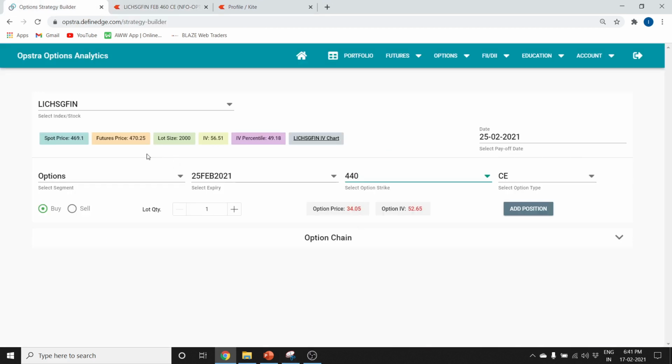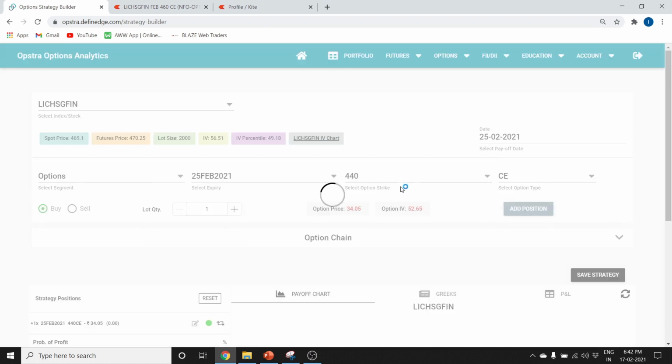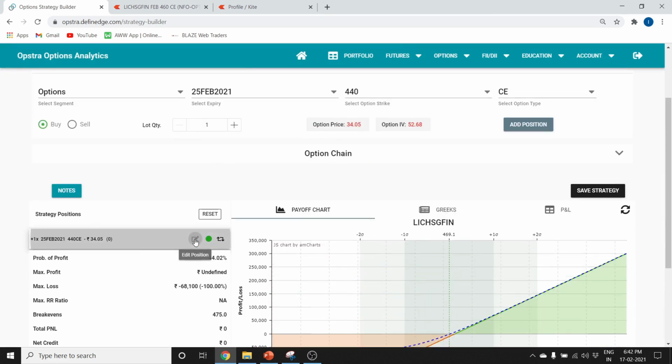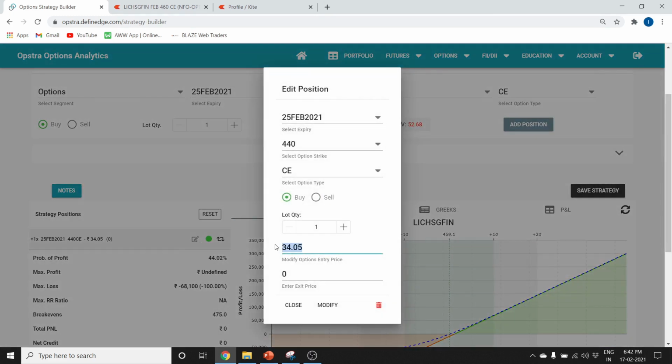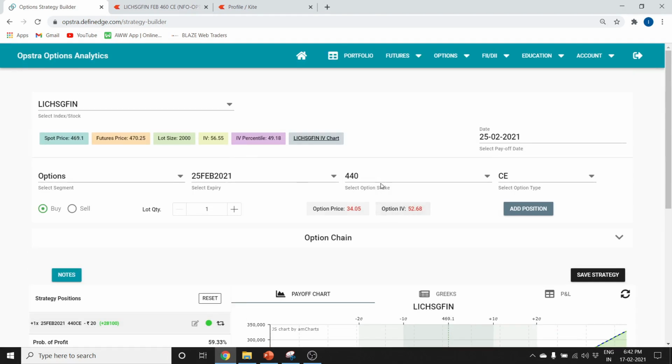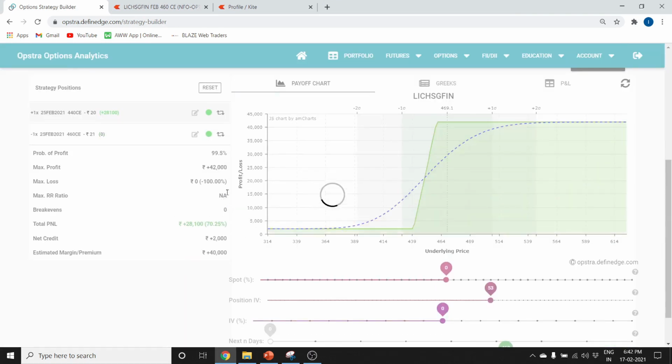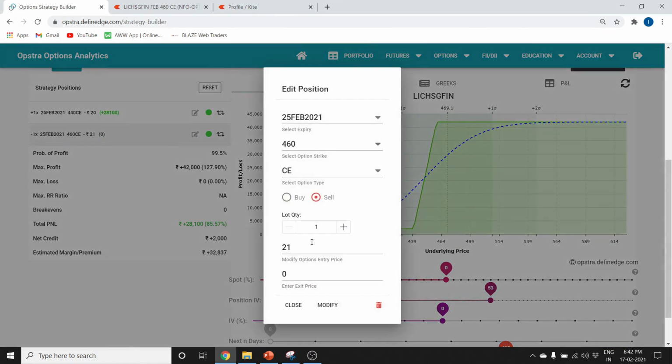Let's put this entry into Opstra: LIC Housing Finance, options, 440 call, buy one lot, add. I'll change price to 20 rupees, where we entered. Now let's enter the sell leg, 460 call, sell one lot. I'll change price to 12 rupees.